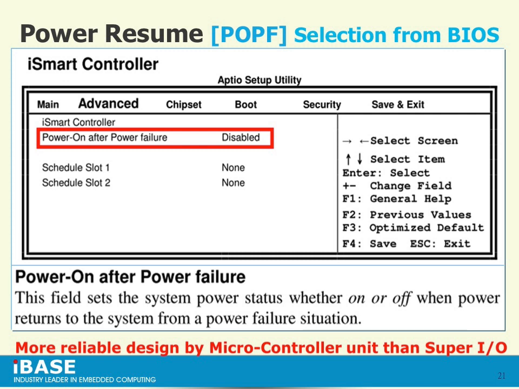But when the power comes in again, the board or the system can boot up automatically and recover from the failure situation. So this is also a new feature from our iSmart. With the above 3 functions of iSmart, you can enable them from our IB897.